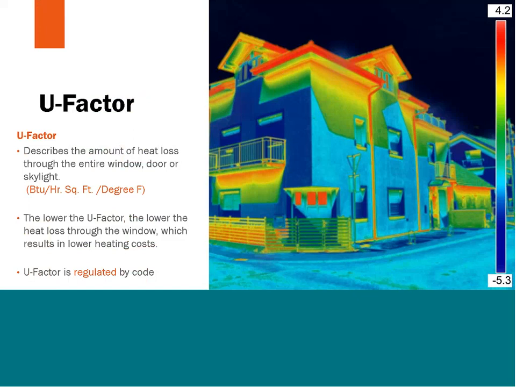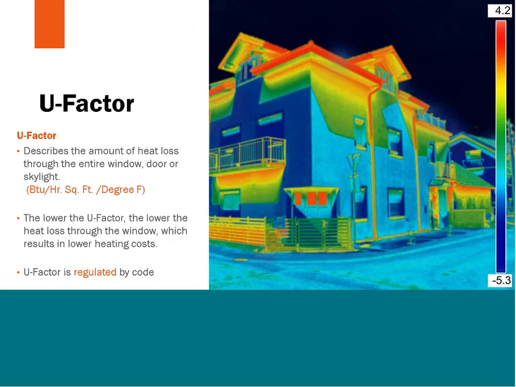The inverse of the U factor is R value, which represents resistance to heat loss. The higher the R value, the more resistance to heat loss. R4 is roughly equivalent to a U factor of 0.25, or 1 divided by 4. The reason behind rating windows, doors, and skylights with a U factor instead of an R value is that the true R value test is designed for materials that are homogeneous, meaning they're the same material all the way throughout, such as insulation.